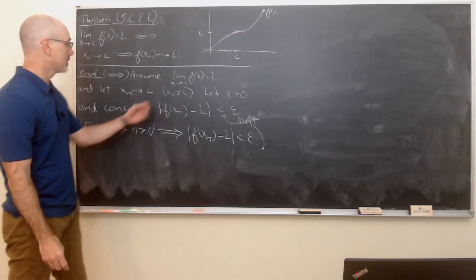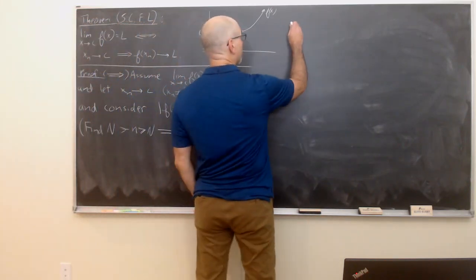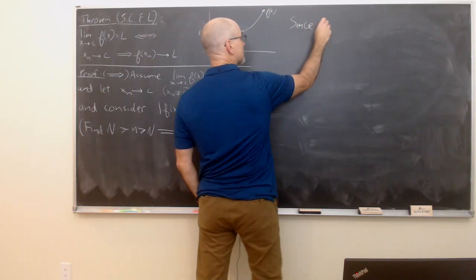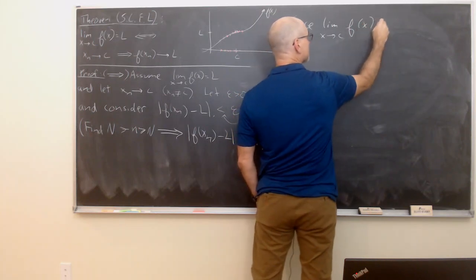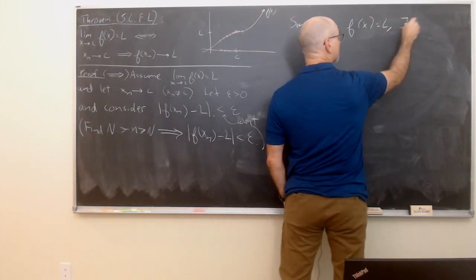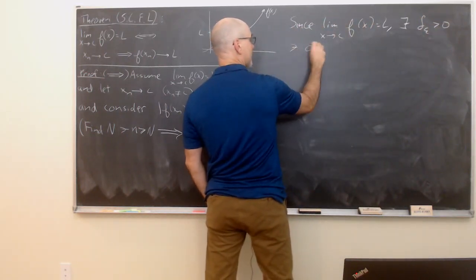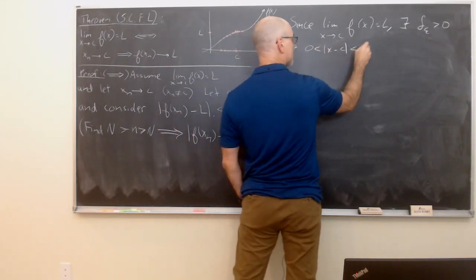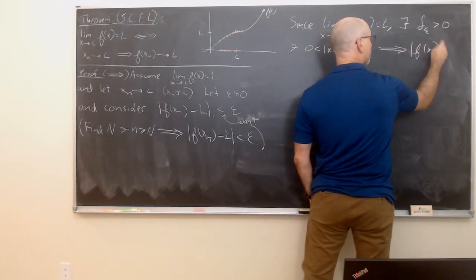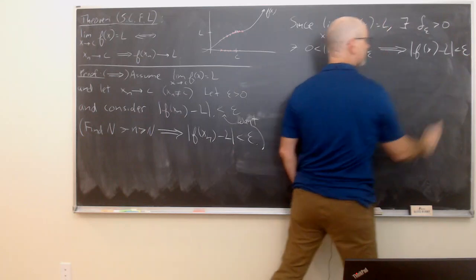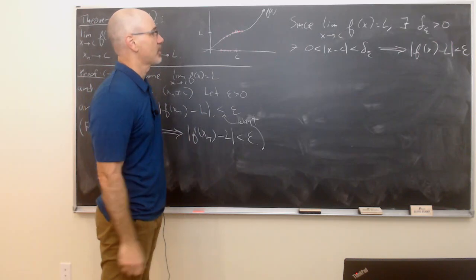Well, we know already that we have a functional limit equal to L. So what that tells us is the following. Since the limit as x approaches c of f of x is equal to L, there exists some delta such that if x is within delta of c, then f of x minus L is smaller than epsilon.